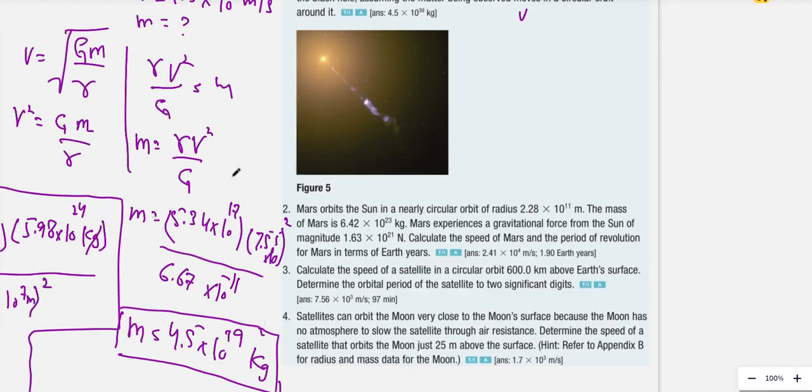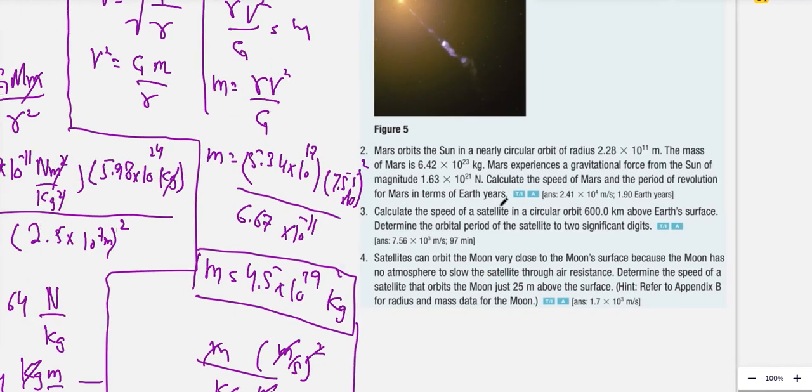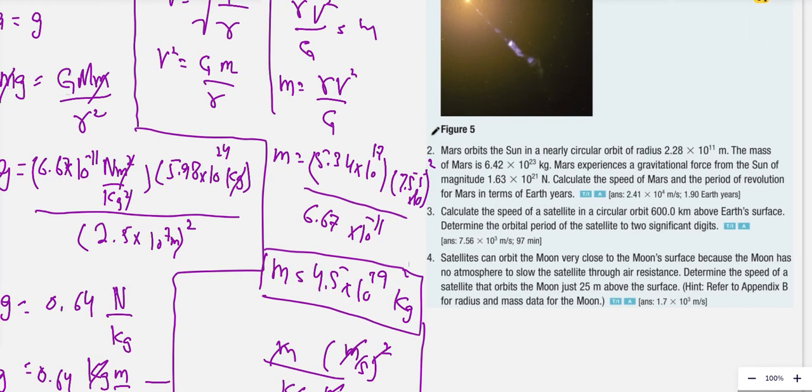Okay, in the second question, the Sun and a near circular orbit radius. So radius is given, the radius of Mars is given as well.